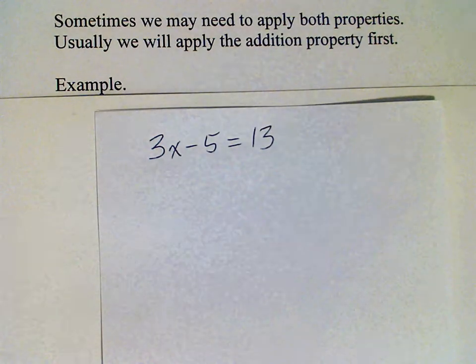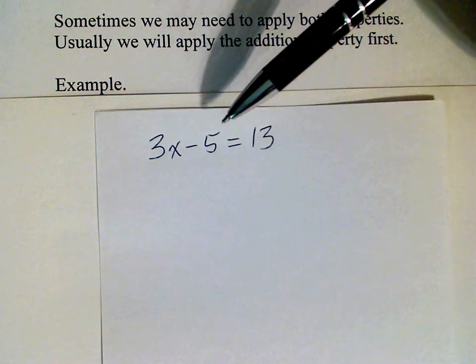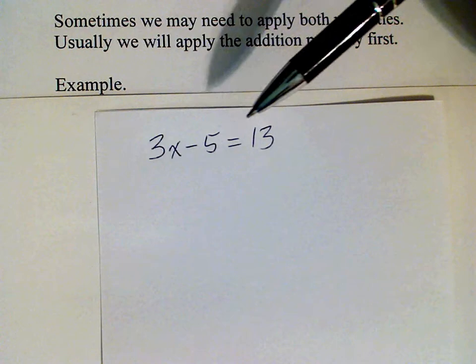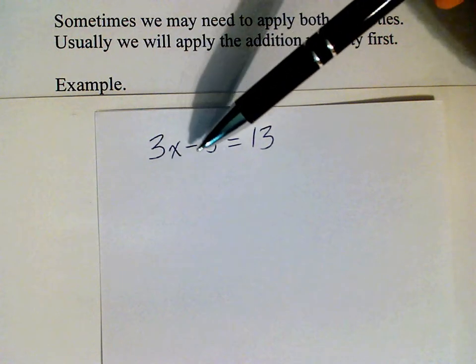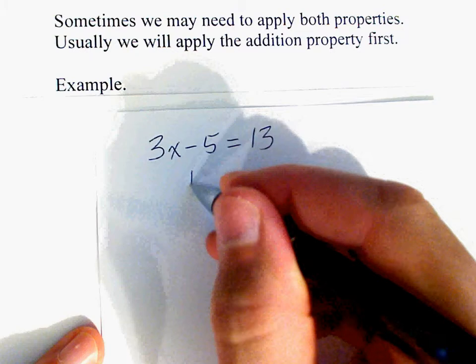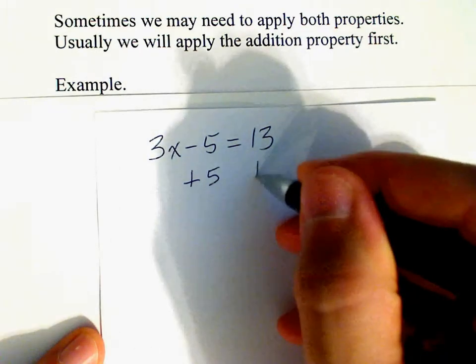Now we see this minus 5 here on the left-hand side of the equation. And we would like to get rid of that in order to leave x by itself eventually. And so the first step in solving this equation is to add 5 on each side of the equation.